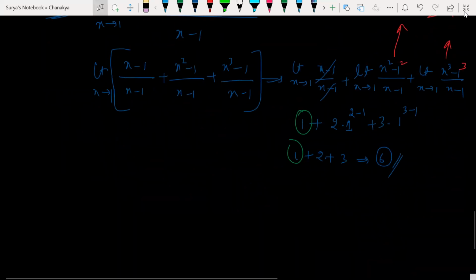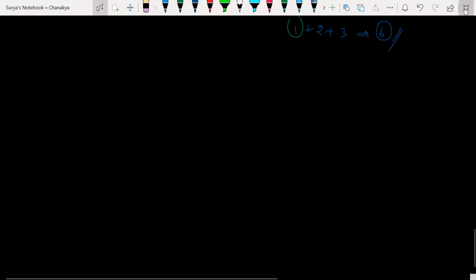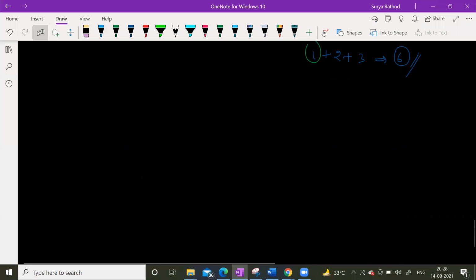What is the a cube minus b cube formula? Amrut, what is the a cube minus b cube formula? Make it fast.